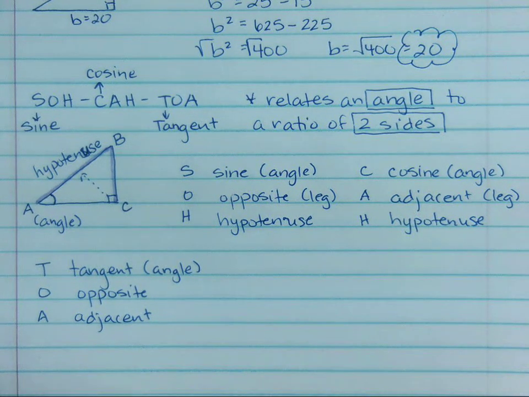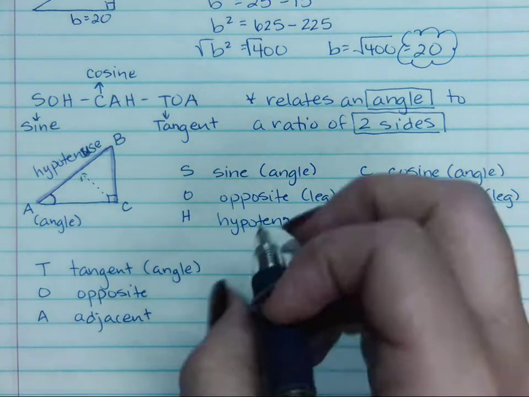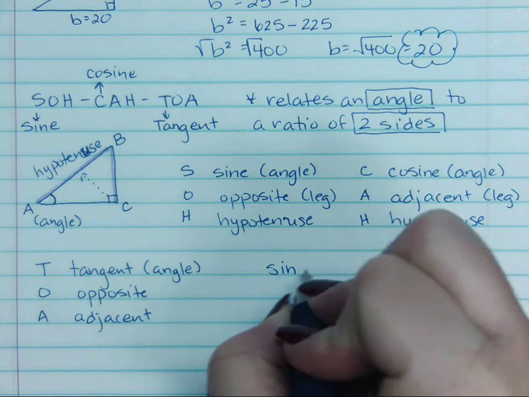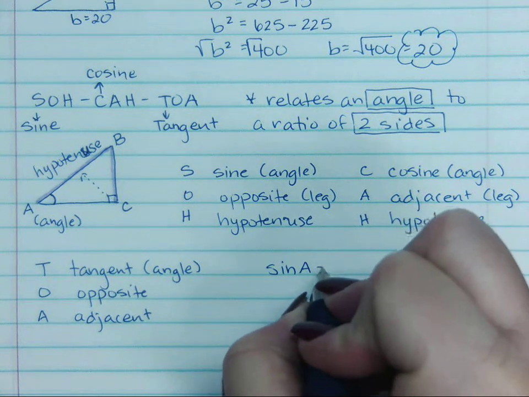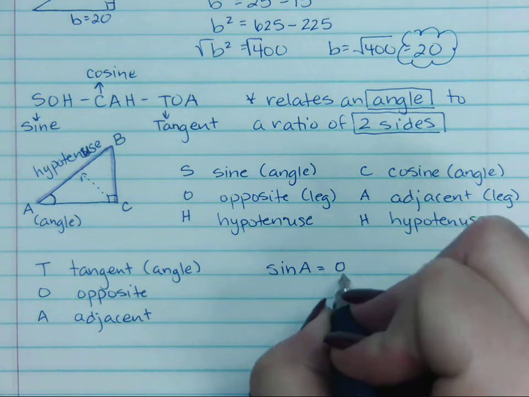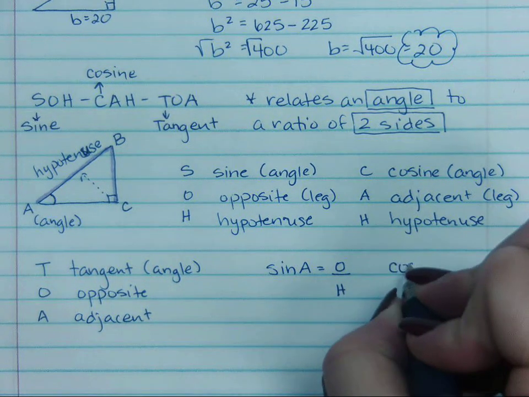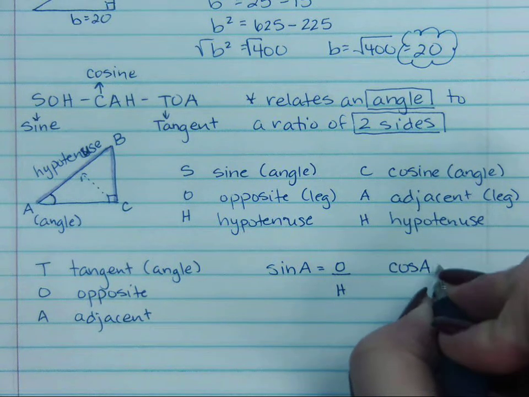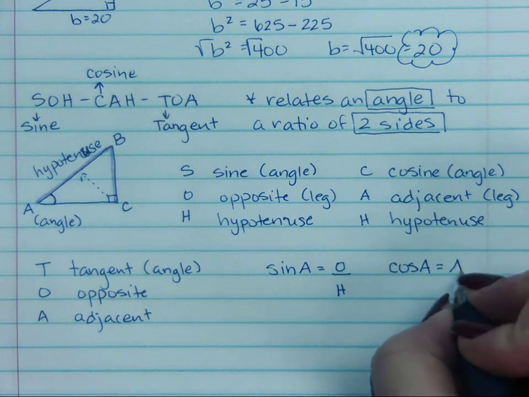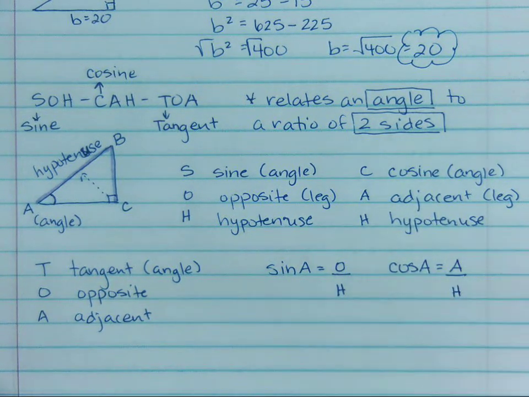So oftentimes, if I am looking at angle A, for example, I would say the sine of angle A is the ratio of the opposite side over the hypotenuse. Or I could say the cosine of angle A is the ratio of the adjacent leg over the hypotenuse.